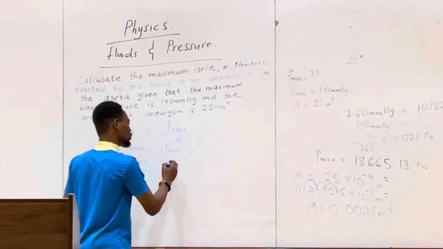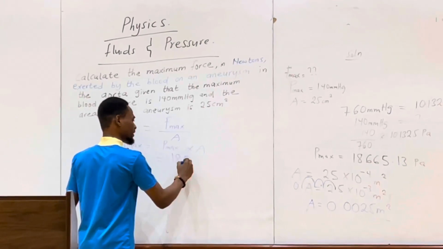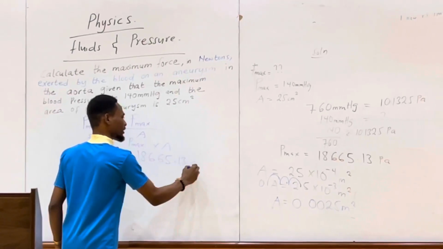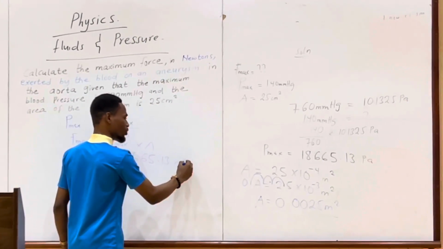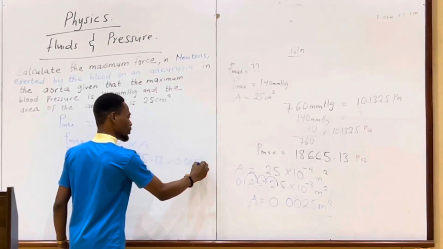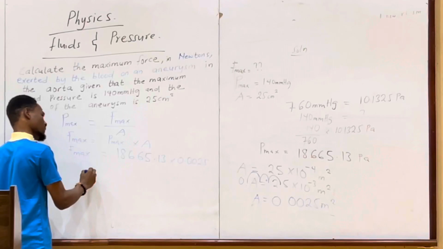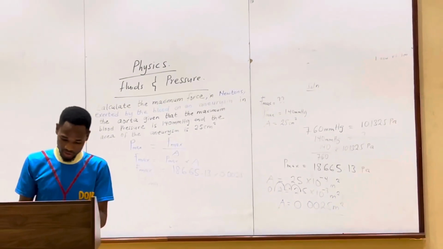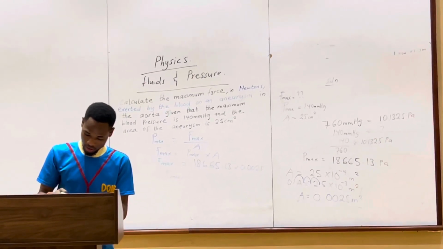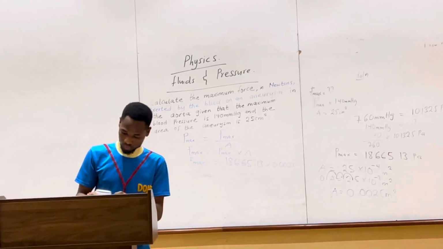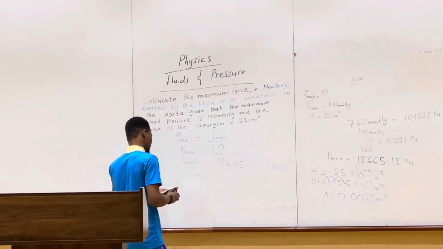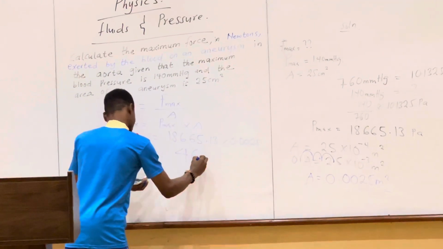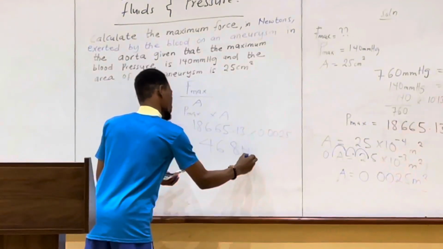So F max will now become, what is my P max? That is my maximum pressure, 18665.13, times my area, which is 0.0025. Then clearly, by the help of the calculator, I'm getting 46.8 Newton.